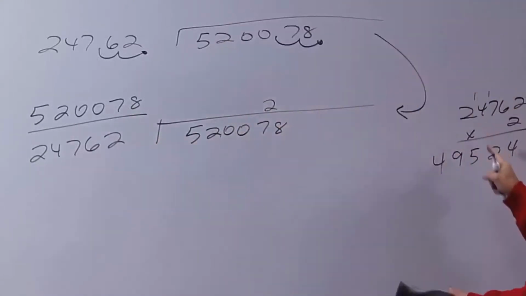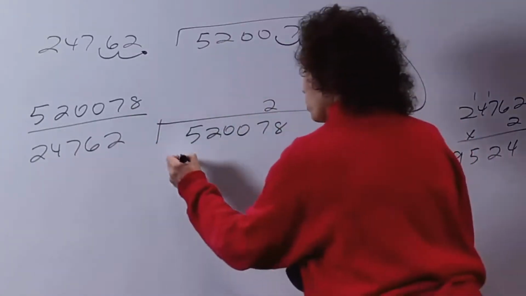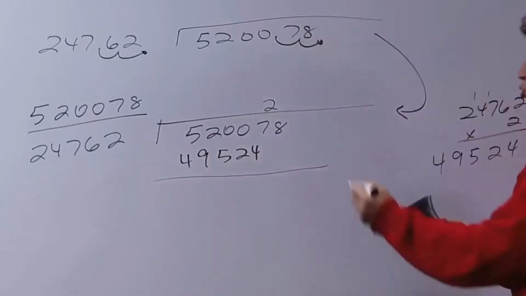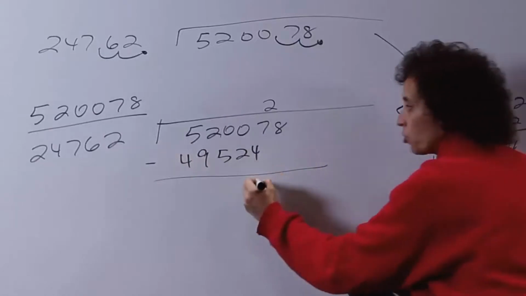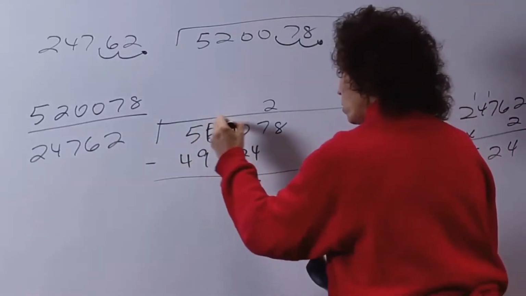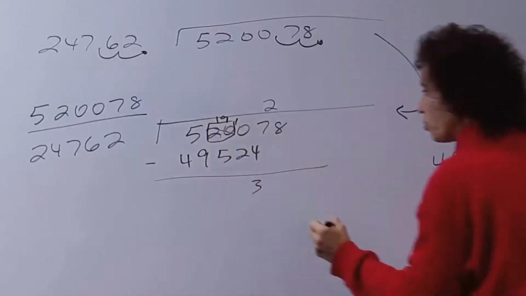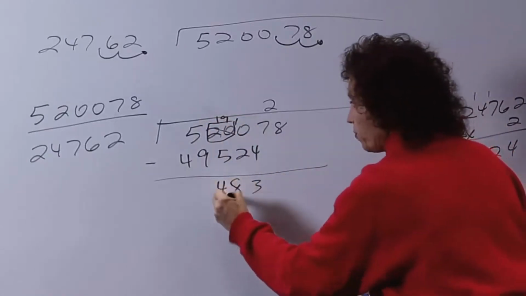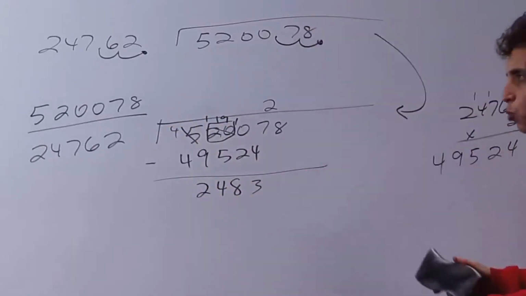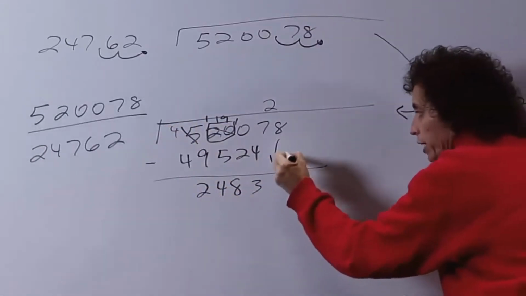When I multiply by 2, I get 49,524. And now I have to subtract. 7 minus 4 is 3. Okay, now I'm going to have to borrow. So that becomes 19. There's your 10. That's 8. That's 4. I'm going to have to borrow again. That's 2483. But now I have to bring down.